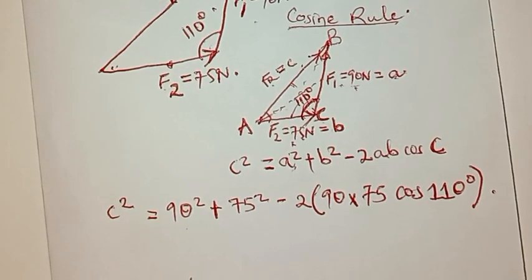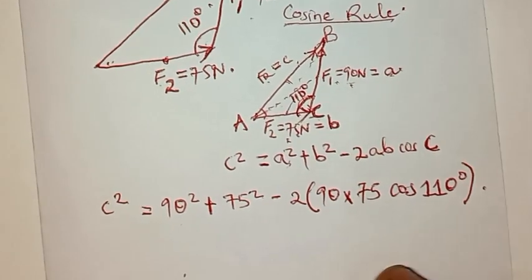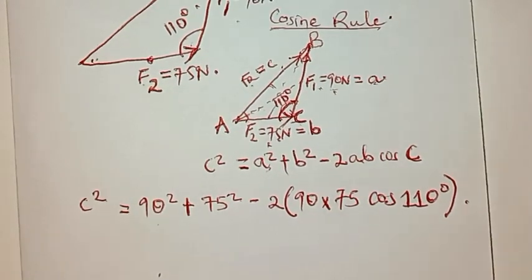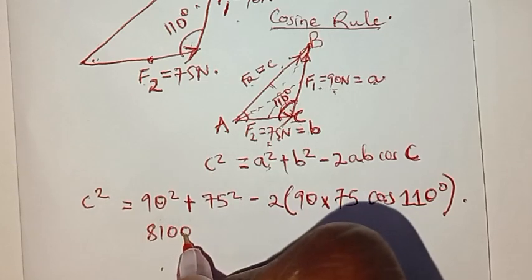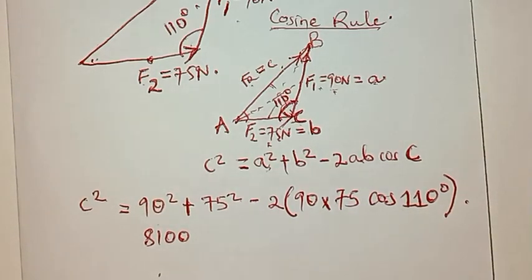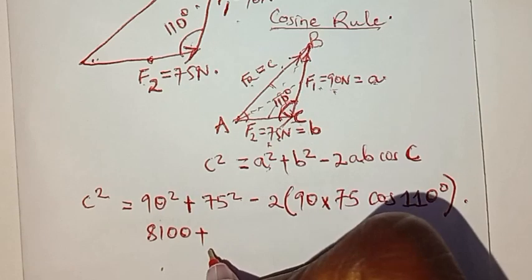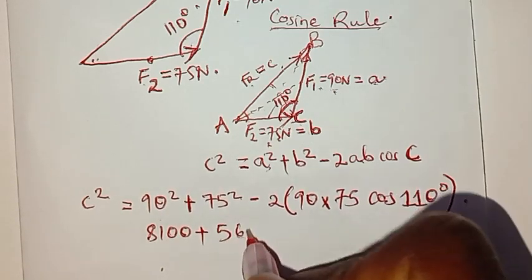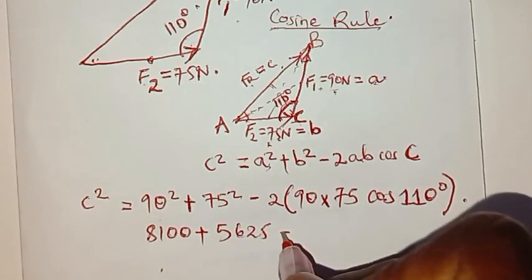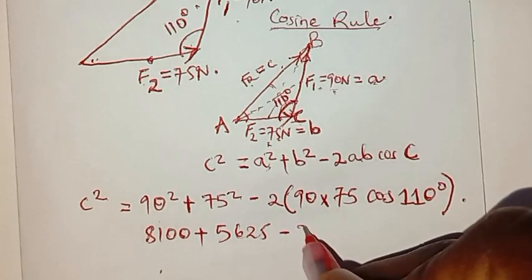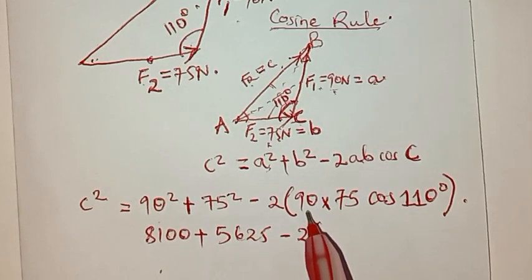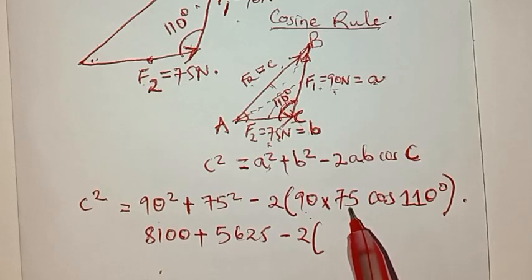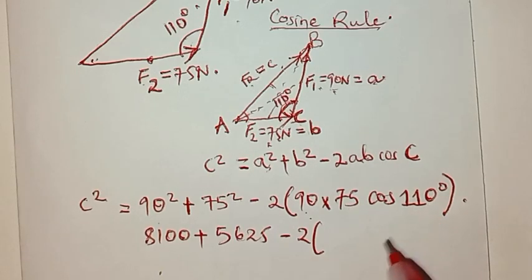Then you take your calculator and evaluate. 90 squared is 8100 plus 75 squared, which is 5625, minus 2 times the bracket, which is 90 times 75 cos 110.